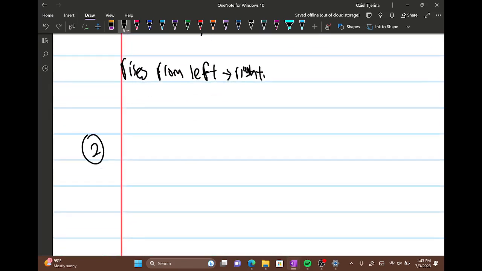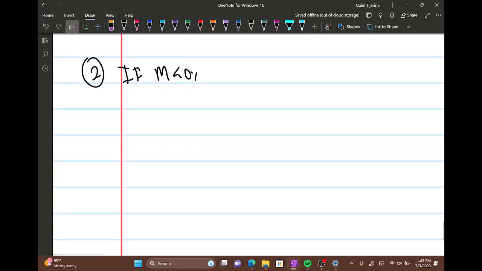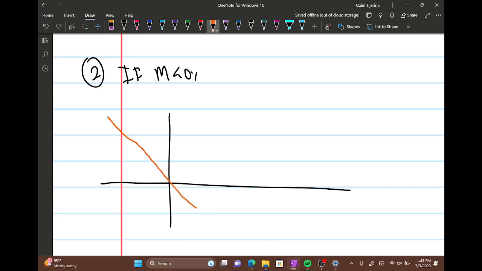The second thing is that if m is less than 0, the slope, basically the line, is going to fall from left to right. So it's going to decrease.